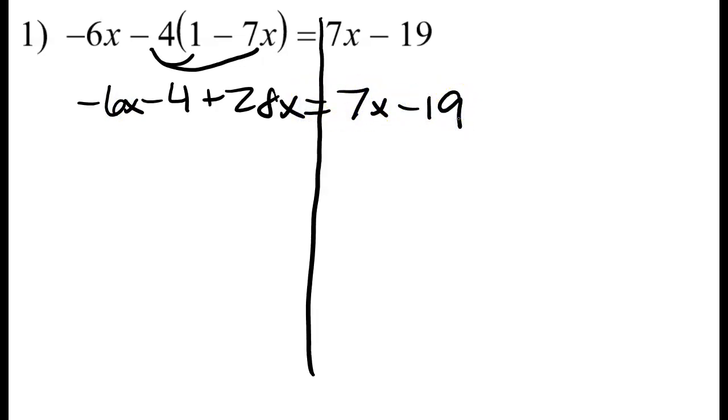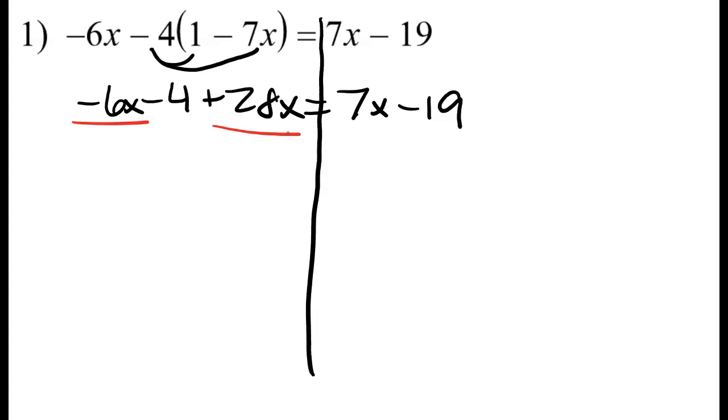Okay, again, remember my goal is to get x by itself. So I want to essentially simplify this process by putting all of my x's together where they can be. So on the left side of the equal sign right now, I've got numerous x's. I've got -6x. I've got positive 28x. Those are like terms because of the fact that they're on the same side of the equal sign.